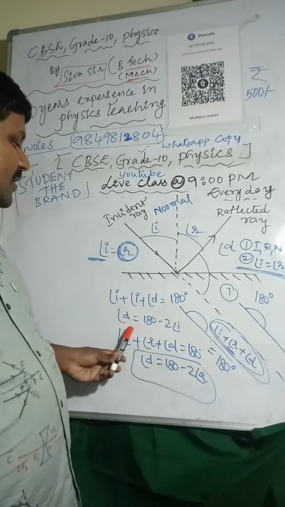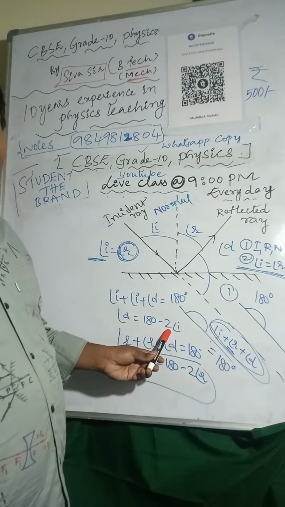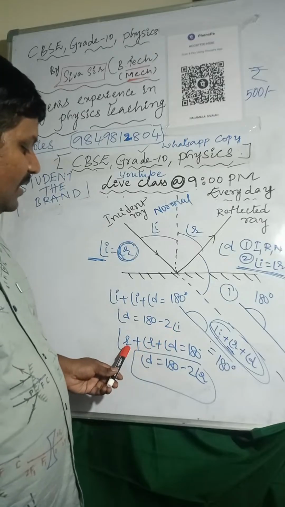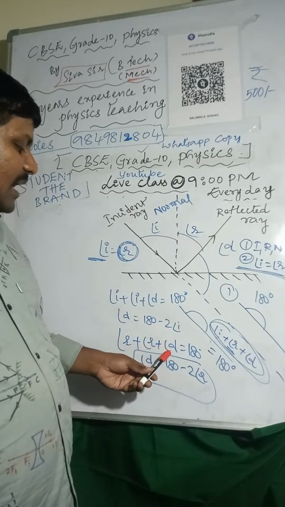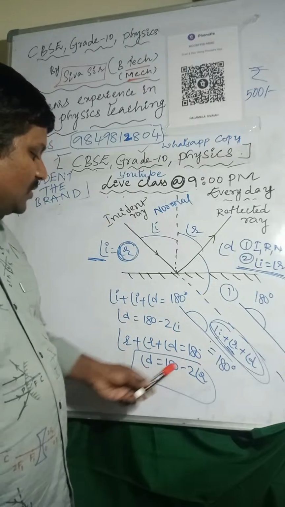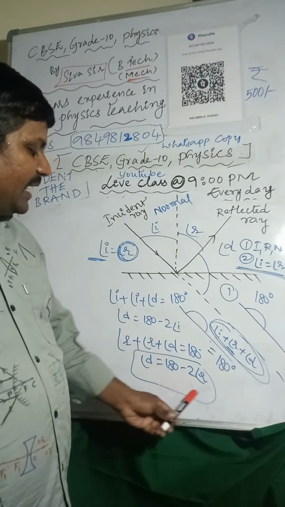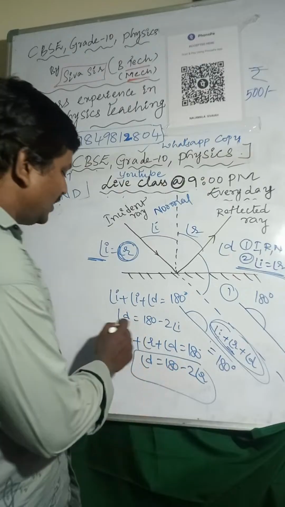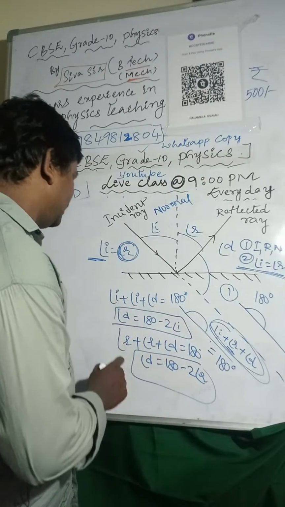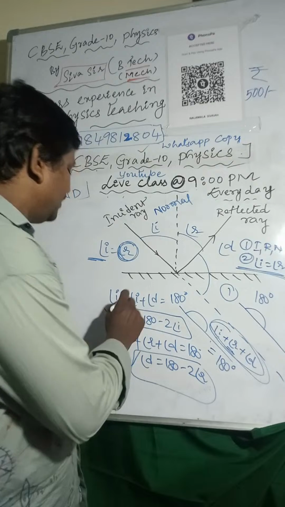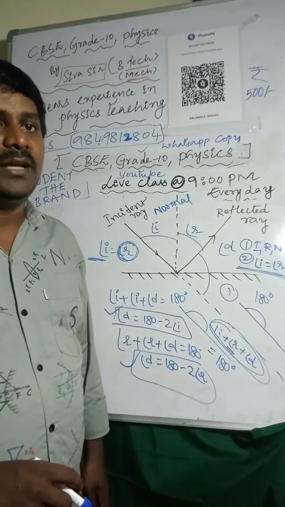So angle of deviation equal to 180 minus 2 angle of incidence. And similarly, angle of reflection plus angle of reflection plus angle of deviation equal to 180 degrees, so angle of deviation equal to 180 minus 2 angle of reflection. So we can write it in these two ways. If they ask problems related to this, we can follow this formula.